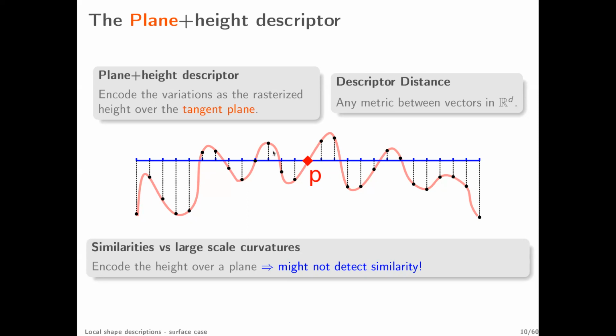So computing the deviation to a tangent plane is a good first step, but you might not find this description to be similar to the same detail bent around another type of surface.